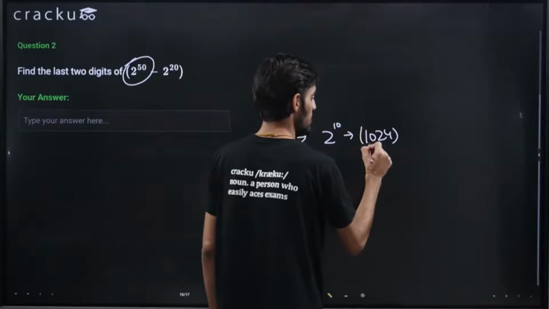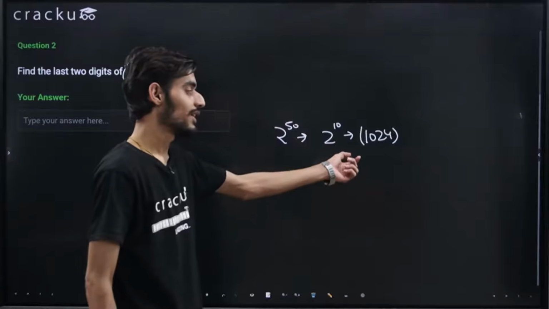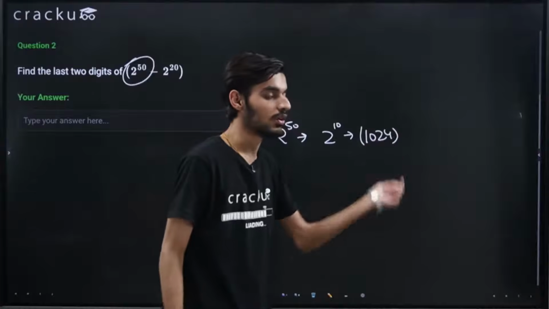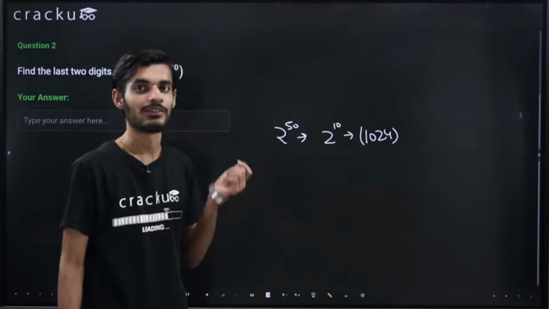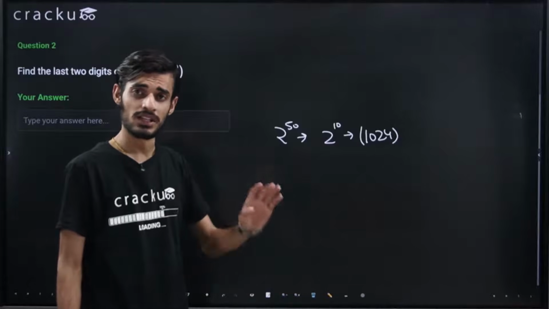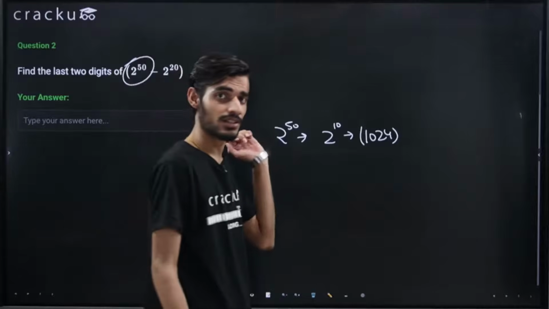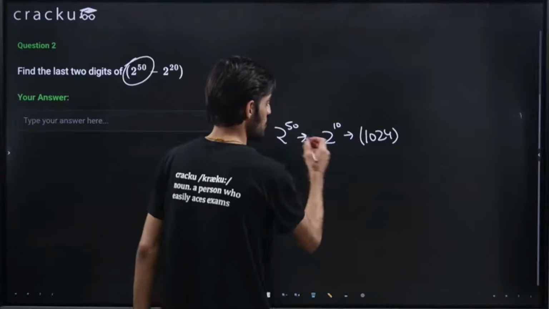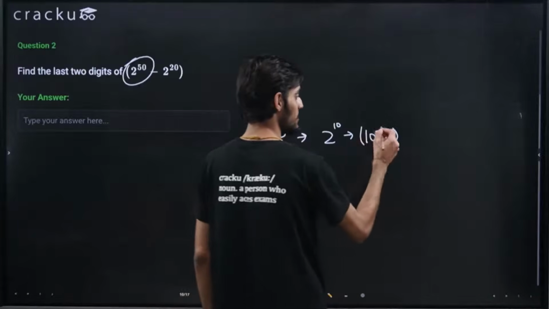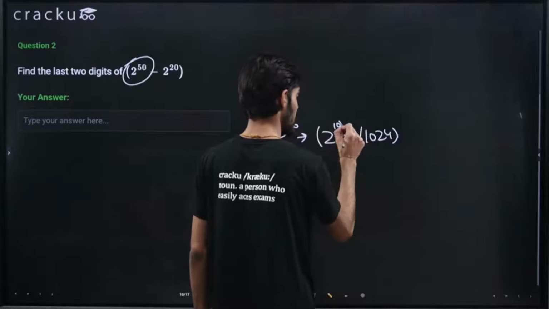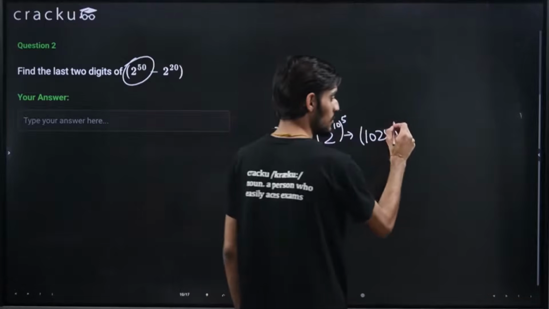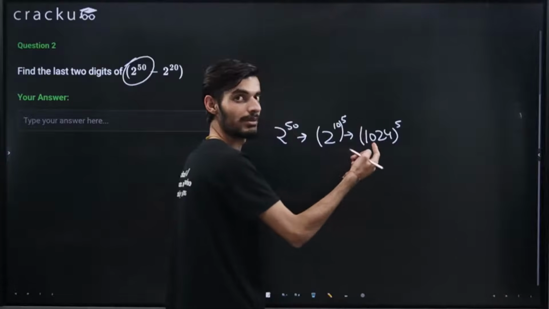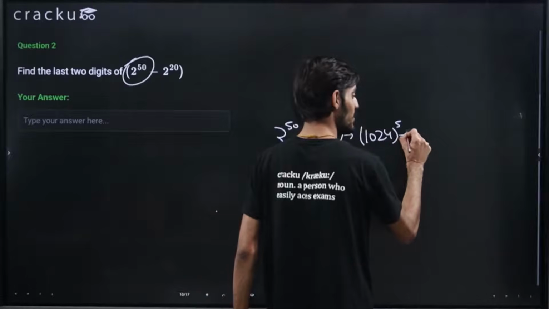If we are multiplying 24 an odd number of times, the last two digits will be 24. If we are multiplying it an even number of times, then the last two digits will be 76, like we discussed in the earlier slides. Here the power is 50, that is 2 raised to power 10 raised to power 5, so this is an odd power. So the last two digits will be 24 only.